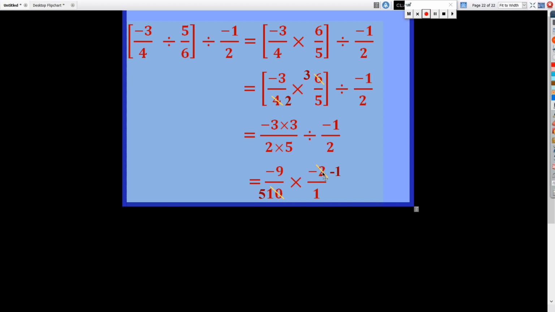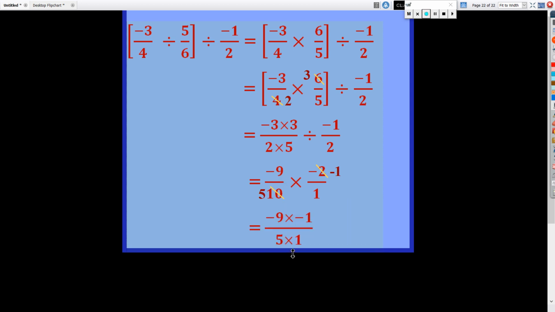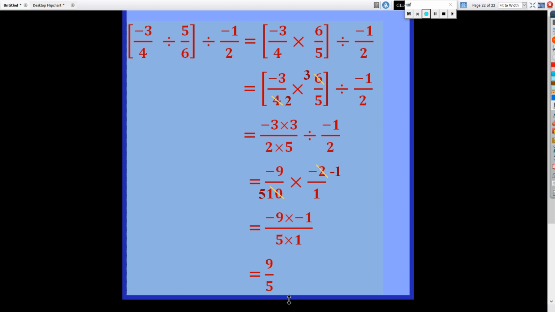So negative 2 in 1 is negative 1 by 10, 5 times 2, so 5. So the numerator is negative 9 into negative 1 by 5 into 1. Negative 9 into negative 1, you will get positive 9 by 5. So the answer is 9 by 5.